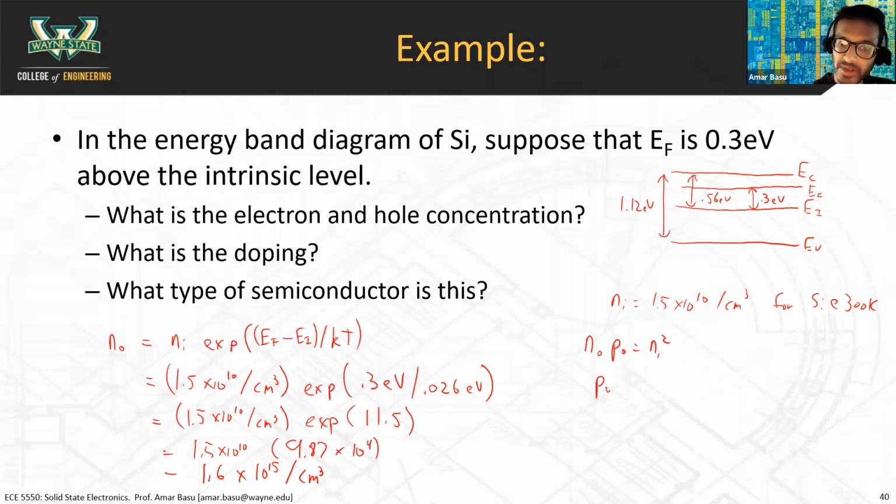So p0 is equal to ni squared over n0. So this is 1.5 times 10 to the 10 squared over n0. The n0 is what we found earlier, 1.6 times 10 to the 15th.